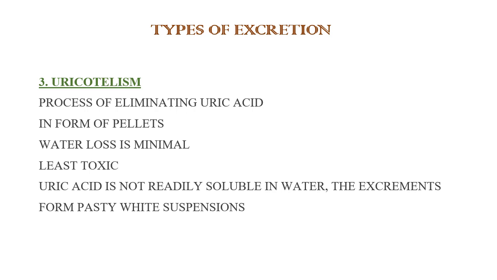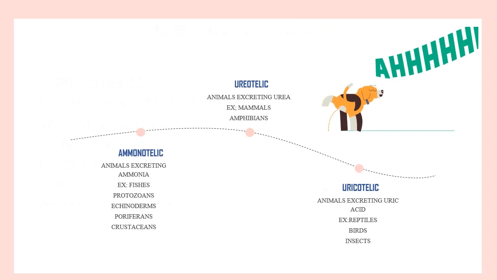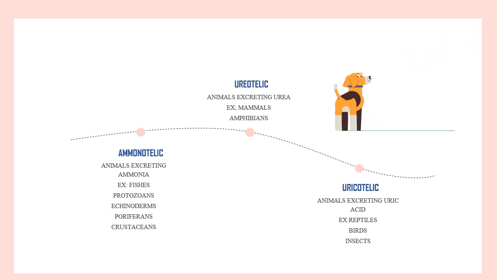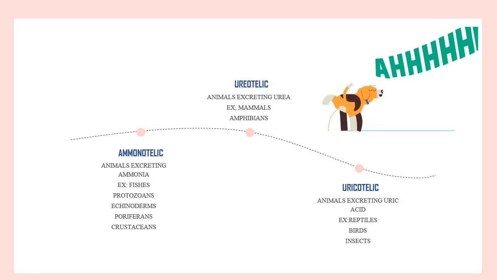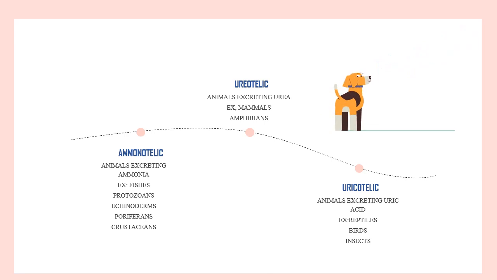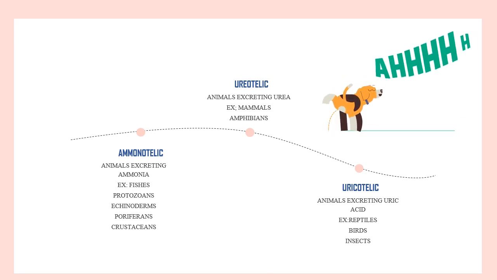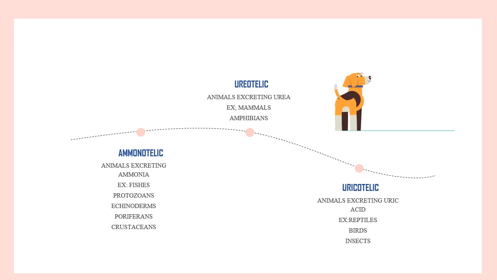It is the least toxic when compared to ammonia and urea. So we can see the examples of ammonotelism, ureotelism and uricotelism. Ammonotelic animals are those which excrete ammonia.